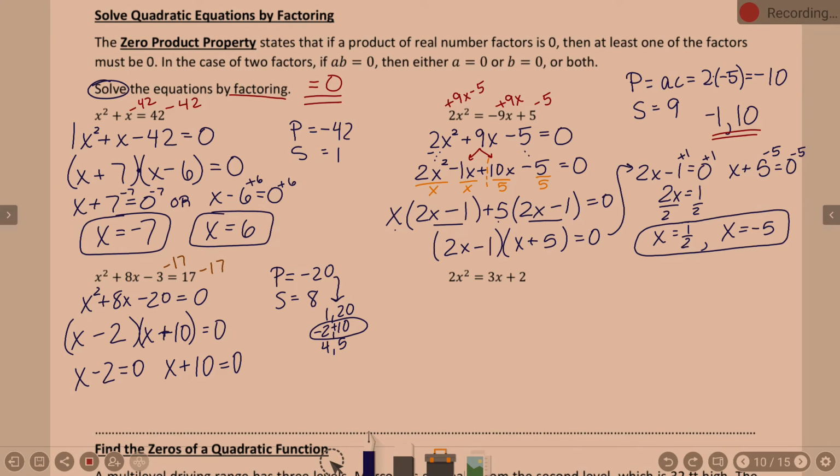If it's x minus 2, I'm going to have an answer of 2. If it's x plus 10, I'm going to have an answer of negative 10. Answers of 2 and negative 10. I feel like my page is getting kind of messy here.